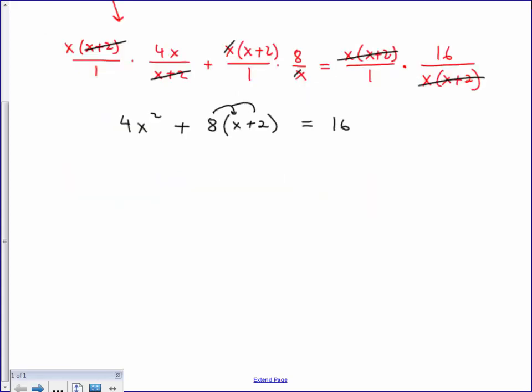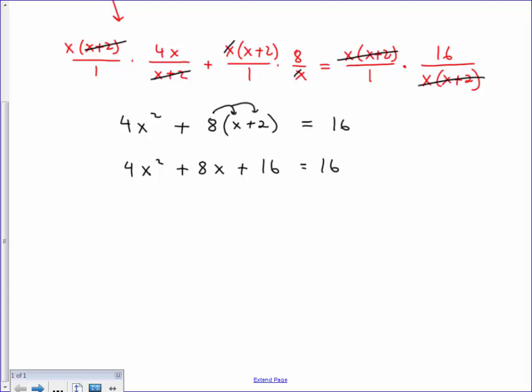Next step, we want to distribute the 8. So we have 4x squared plus 8x plus 16 equals 16. Now, there's something that we want to notice about this equation, and that is that it's not just a straightforward linear equation. It's actually a quadratic equation because of the square on my x.